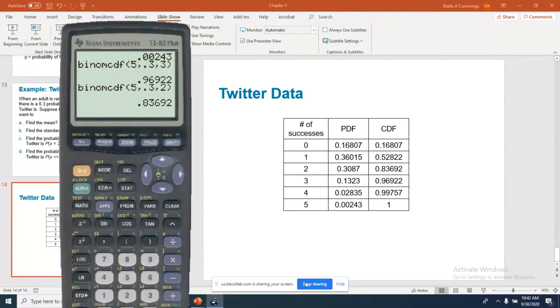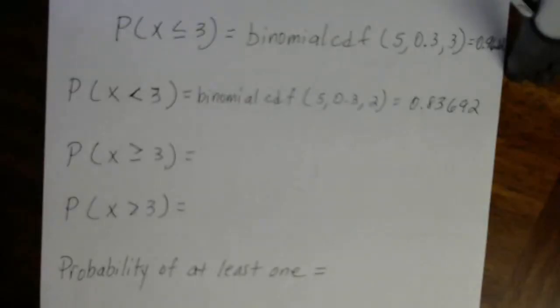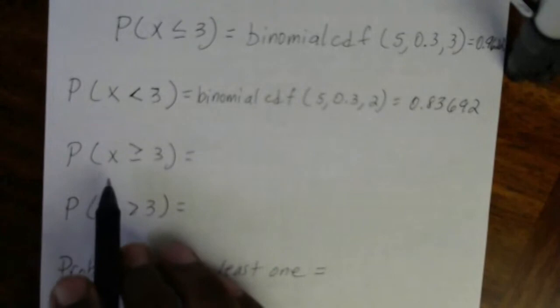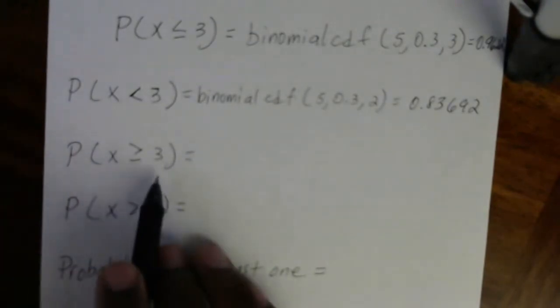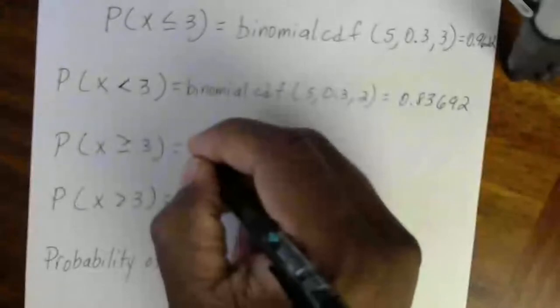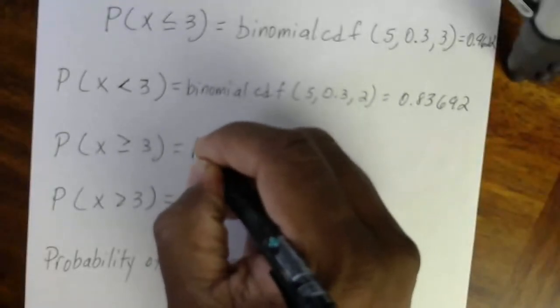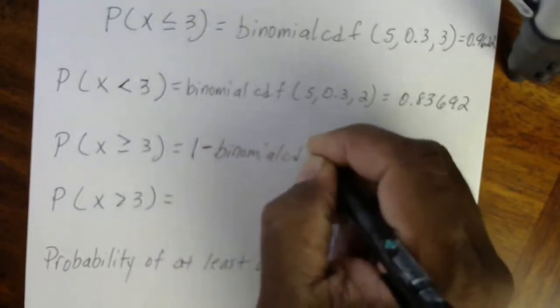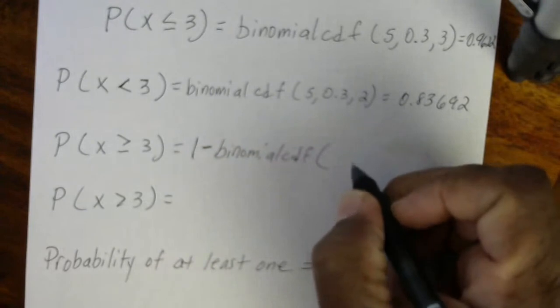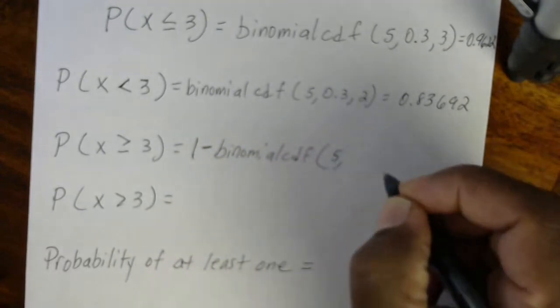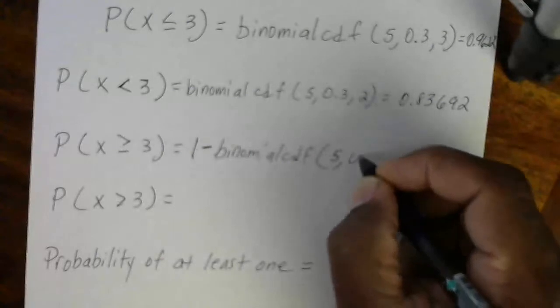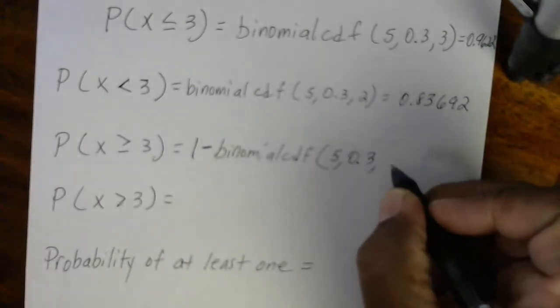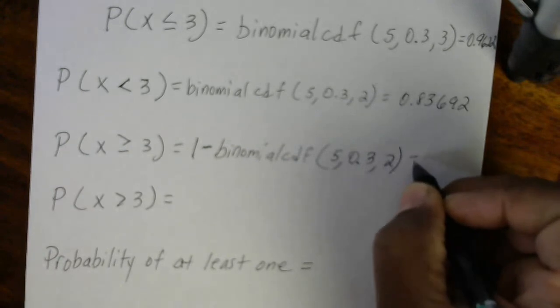So I'm going to go back to the document camera and actually write out what we're doing. To find the probability that X is greater than or equal to 3, in my calculator I'm going to put in 1 minus the binomial CDF for N, which is 5, P, which is 0.3, and X, which is 2.